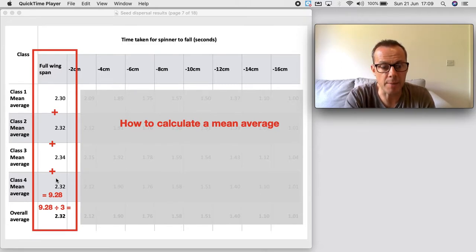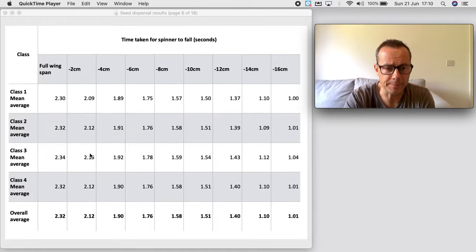So we divide that by 4. And our overall average is 2.32. So whenever we're looking now at our results going forward, we're going to be looking at the averages for the entire set of data. So if we flip back, we'll look at this bottom line here.